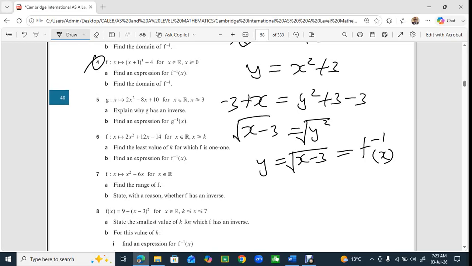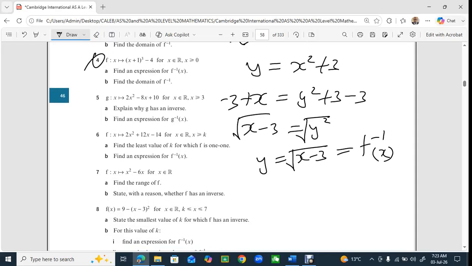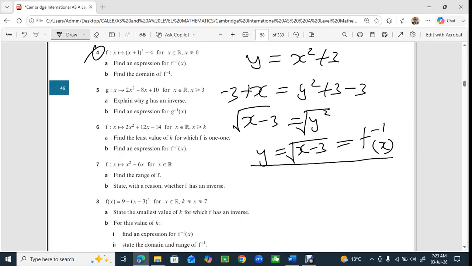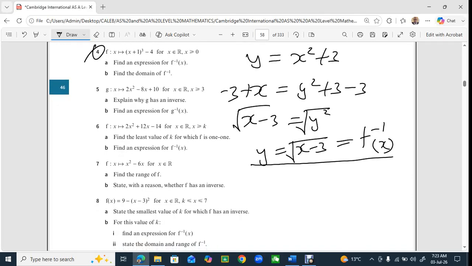Kaden, your group is done? Okay. Let me see your work. Okay, I clearly see your steps as you made. You said to write the equation as x plus 1 cubed minus 4.